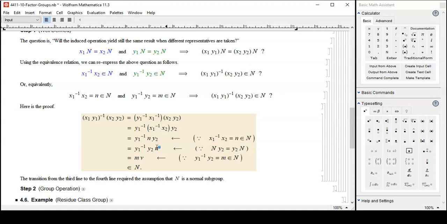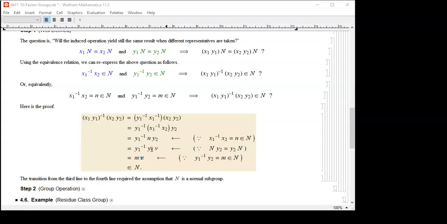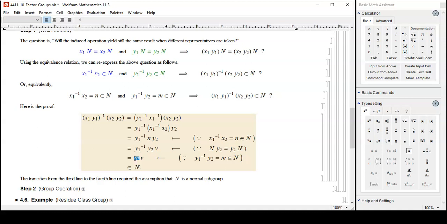This character and that character should be the same because this and that are the same. Somehow I made a typo before.